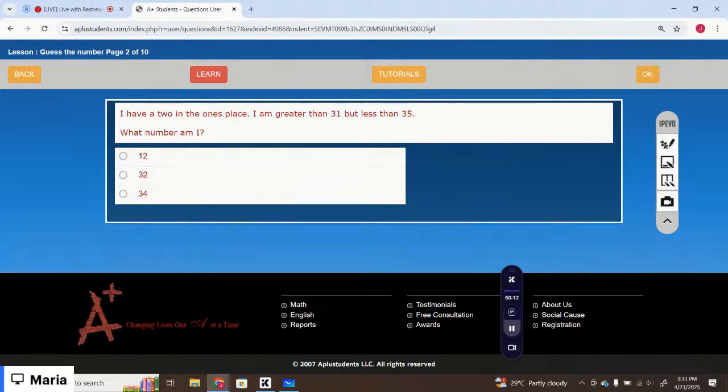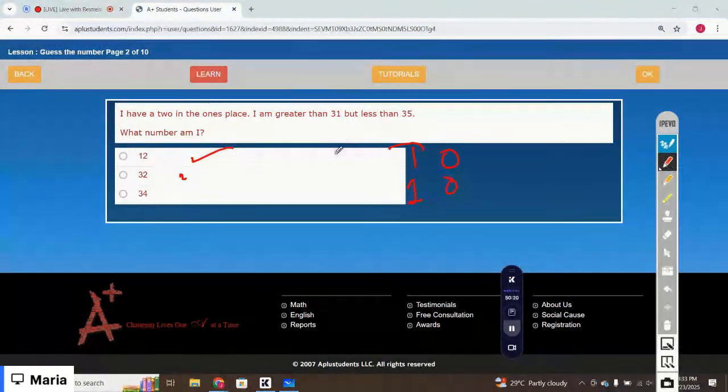I have a 2 in the ones place. I'm greater than 31 but less than 35. What number am I? So you have 2 at the ones place, right? And I'm greater than 31 and less than 35.